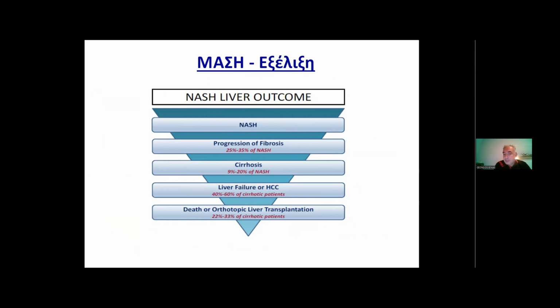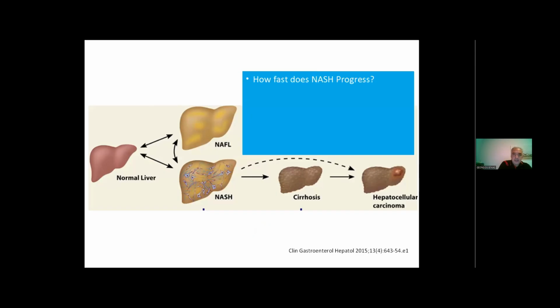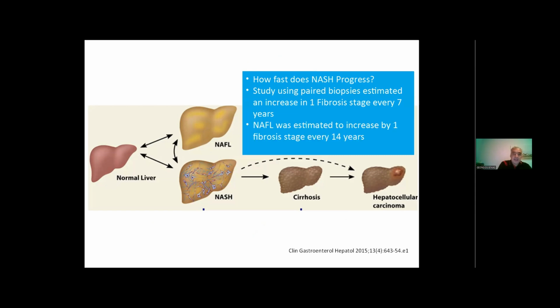And in some of these patients, the final outcome is death or orthotopic liver transplantation. And we see here now how fast non-alcoholic steatohepatitis progresses. A study using paired biopsies estimated an increase in one fibrosis stage every 7 years, and non-alcoholic fatty liver was estimated to increase by one fibrosis stage every 14 years.